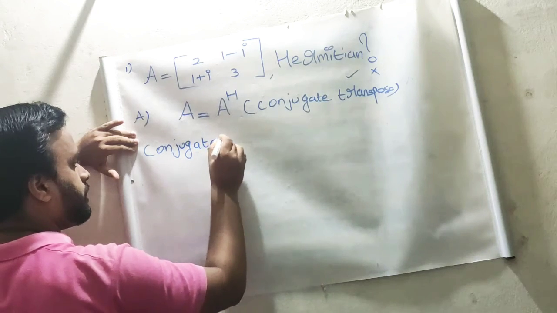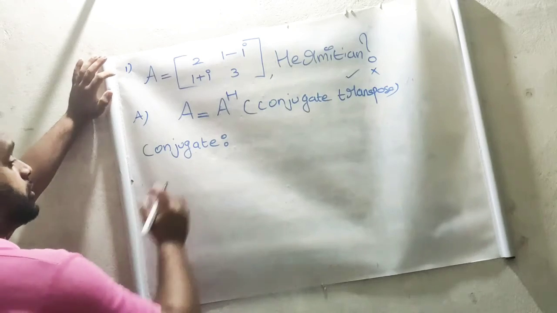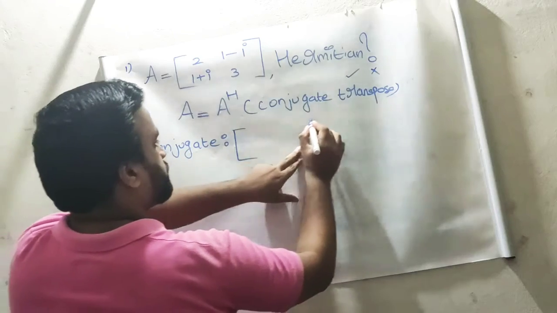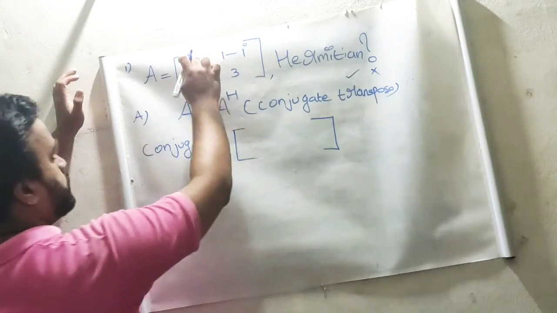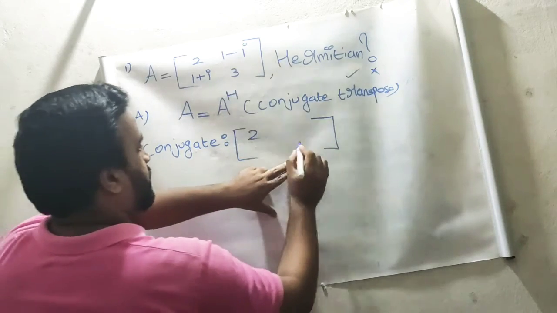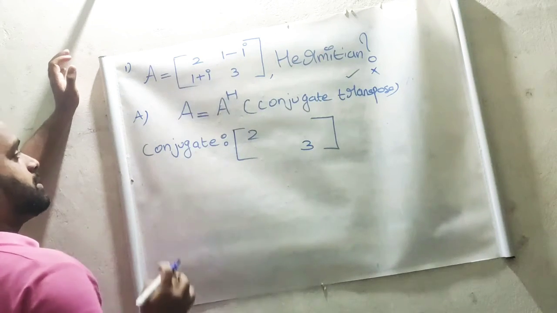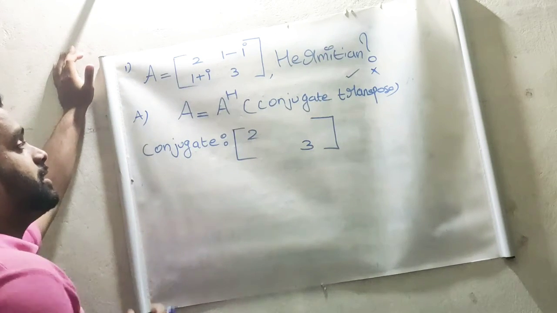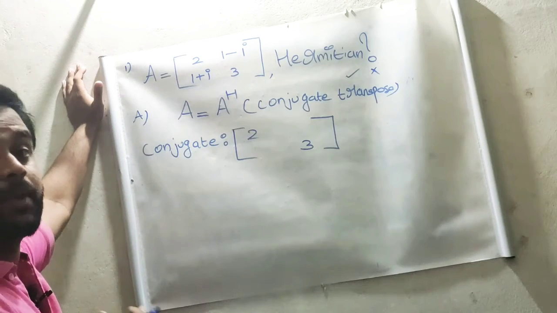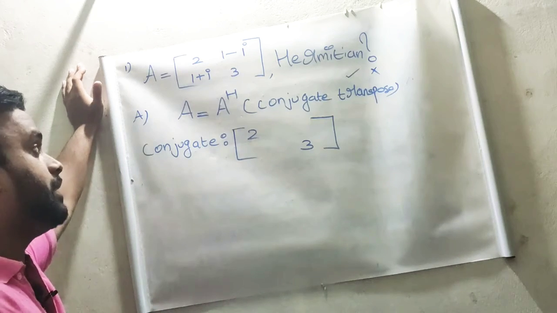So first let's find the conjugate matrix. How can we find the conjugate of matrix A? 2 is 2, 3 is 3. 1 minus i and 1 plus i contain a complex part, as in the form a plus ib.